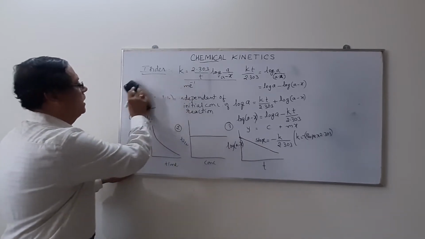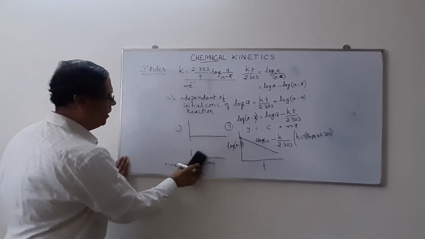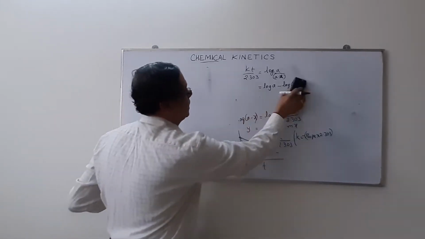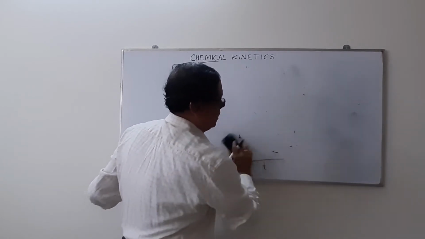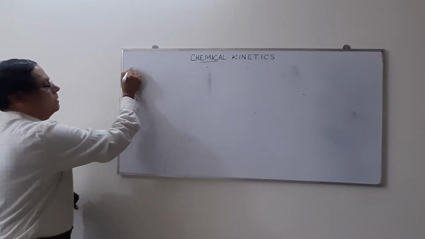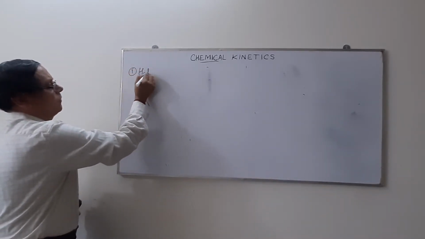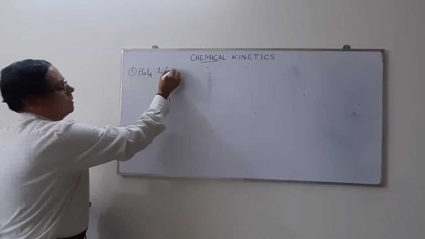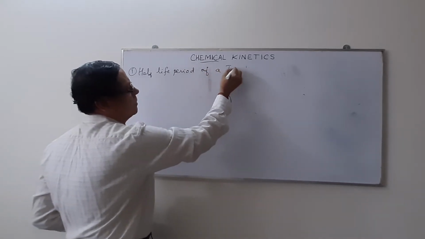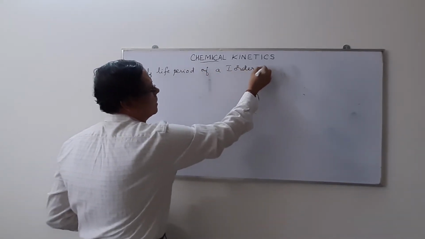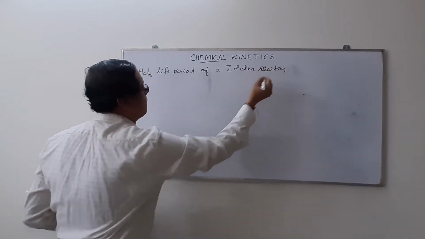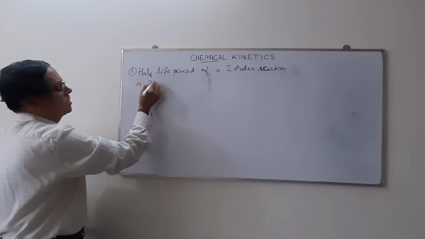Now let us take some numericals based on the half-life period of a first order reaction, and then some other examples. Suppose you are given that the half-life period of a first order reaction is 30 minutes.